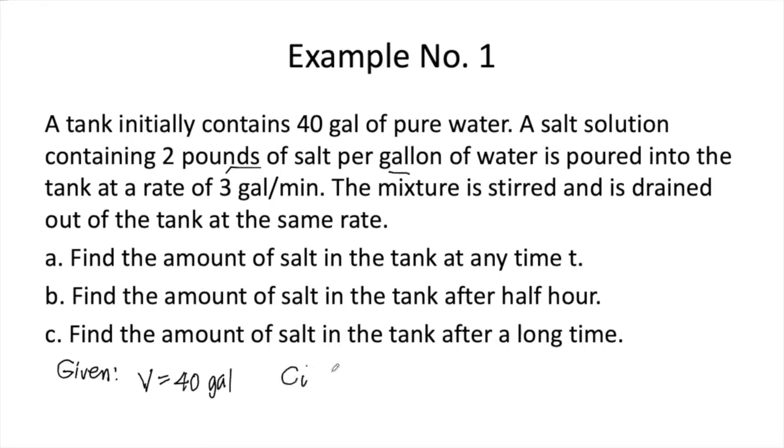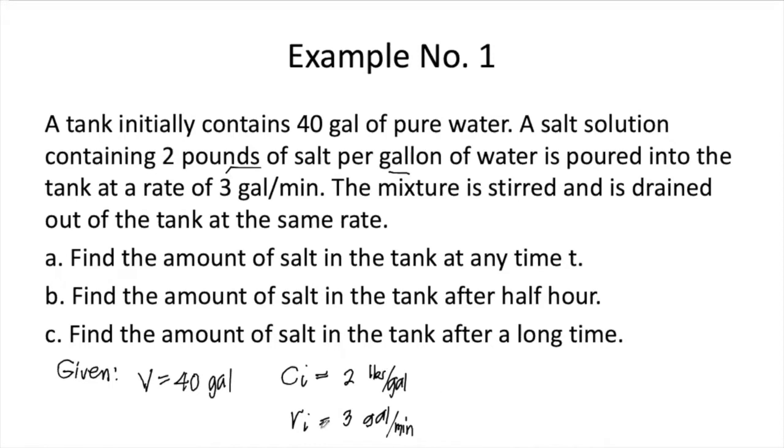Concentration in, papasok siya dun sa mismong tank, is equal to 2 pounds per gallon. Poured into the tank at a rate of 3 gallons per minute. So this 3 gallons per minute is the R sub I. So you write 3 gallons per minute. So sa given pa lang, doon mo na ilalagay yung mga units para sa mismong solution, kahit na hindi mo na isulat yung mga units.